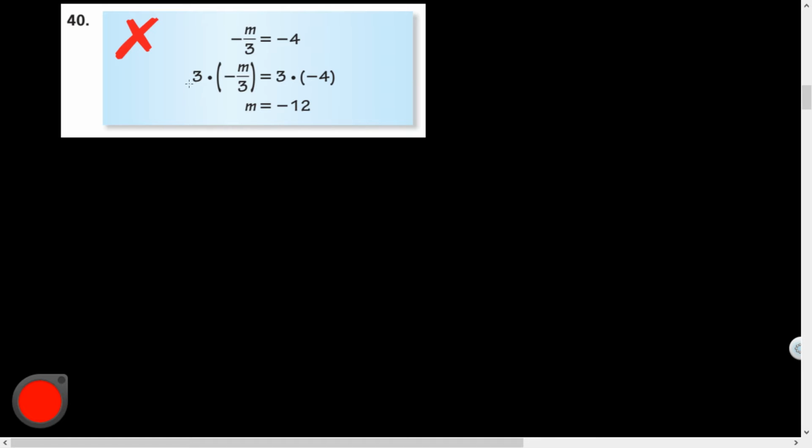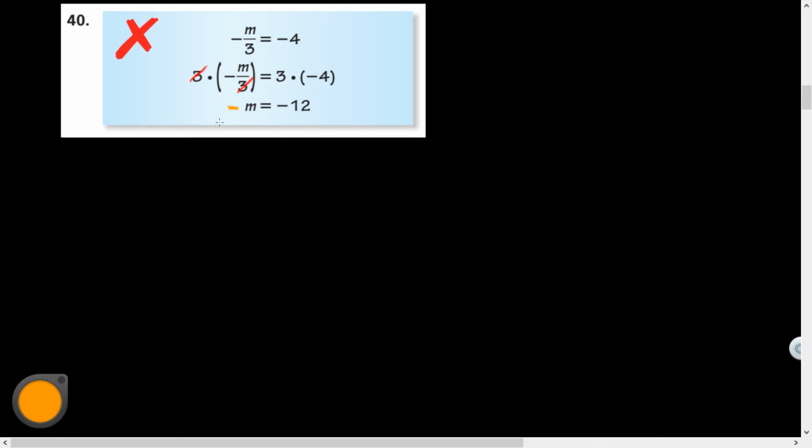Now, what happened between this step and this step? Does anyone spot the error yet? Well, the 3 here would cancel out with a 3 here. And the issue is that this minus sign still exists. I would still have a -m here, or the opposite of m, as sometimes mathematicians are very particular about.